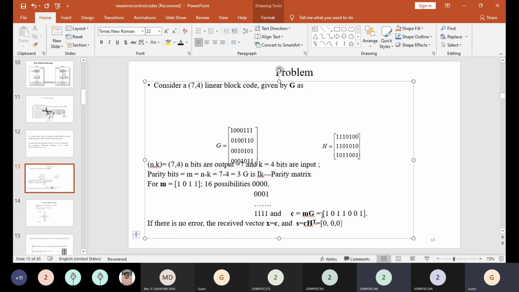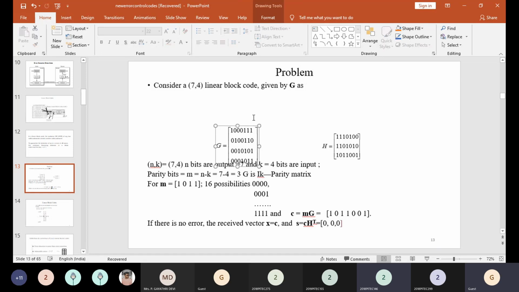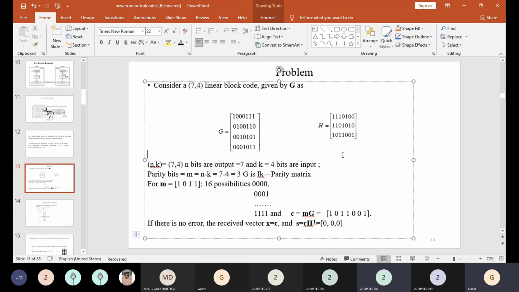For example, in this problem, if we consider 1011, you have to multiply it along with the generator matrix.